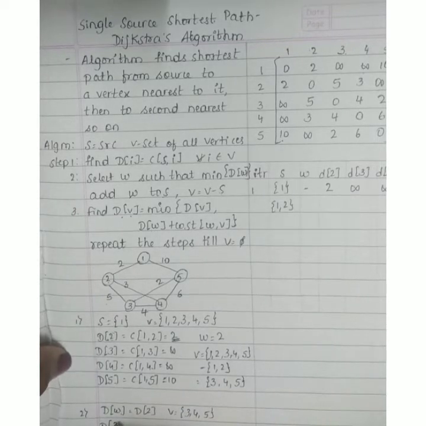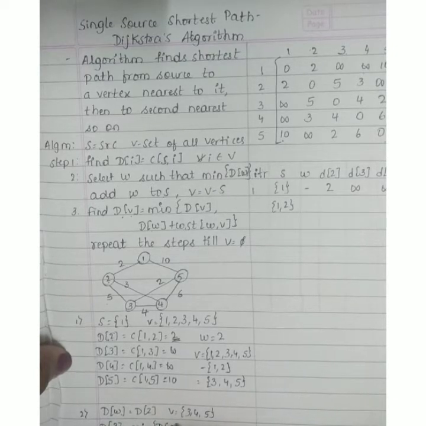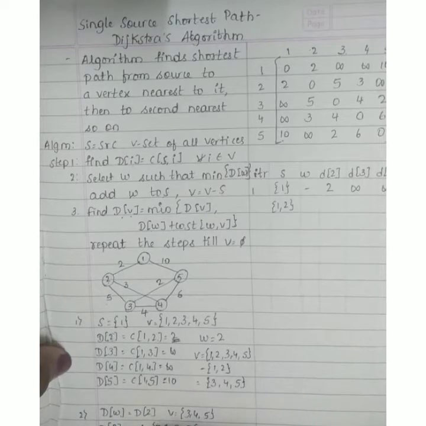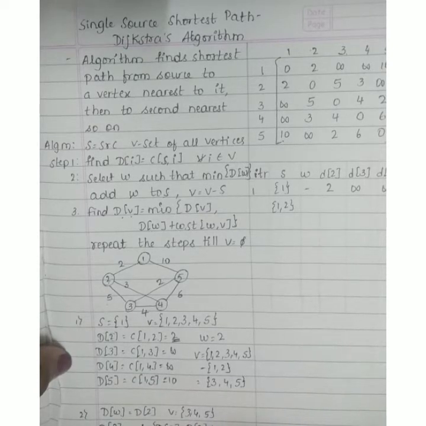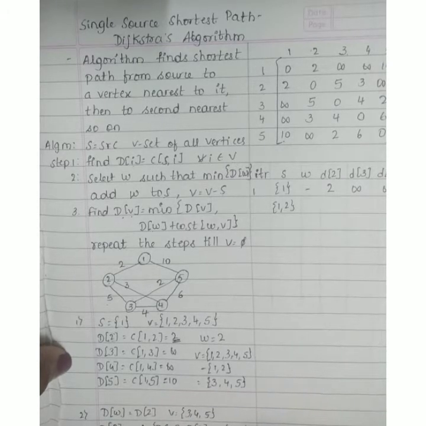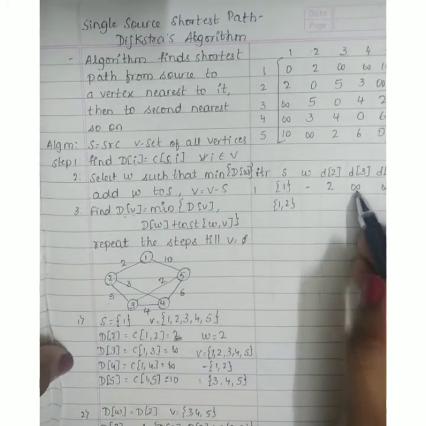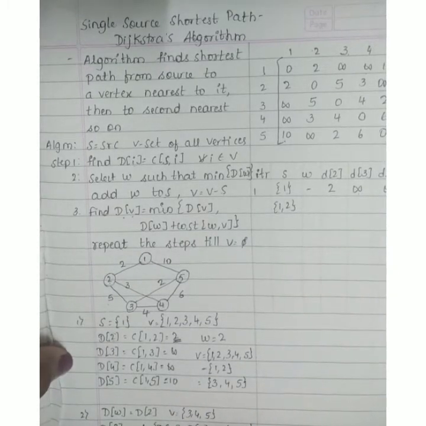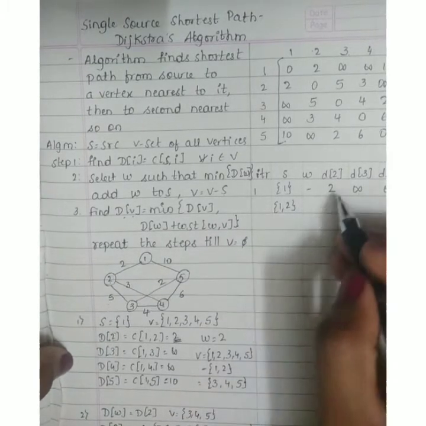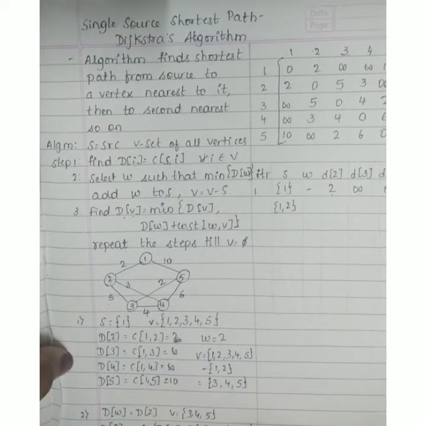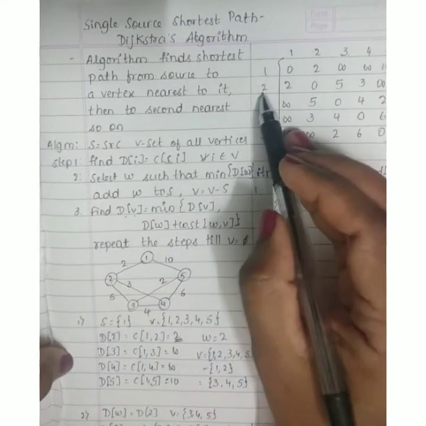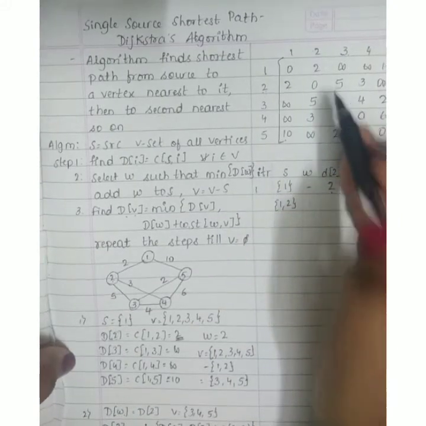So what is dV? D3. It is minimum of D3 or dW. What is dW? D2 plus cost from 2 to vertex 3. What is D3? We can obtain D3 from here. It is infinity comma D2. What is D of 2? D of 2 is 2 plus cost from 2 to 3, which is 5.